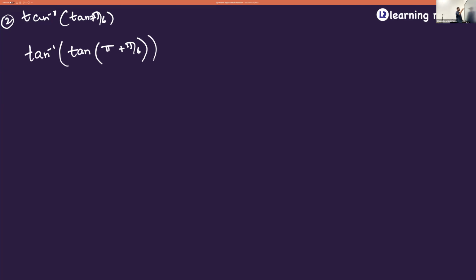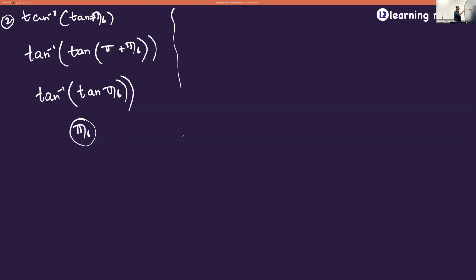So tan inverse of tan of pi plus pi by 6 is tan pi by 6, because in the third quadrant tan is positive. So tan inverse of tan pi by 6 is going to give me pi by 6. Clear with this? Right. So tan inverse of tan of 23 pi by 6. Solve this.